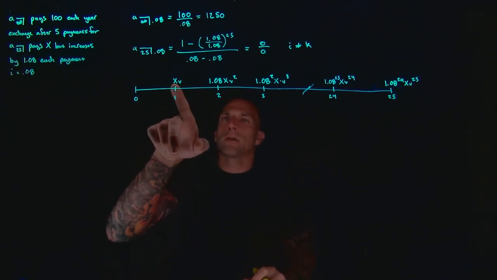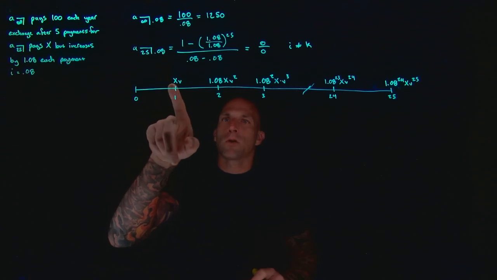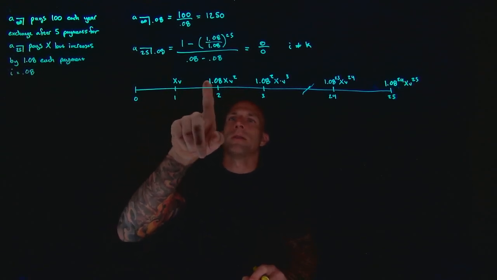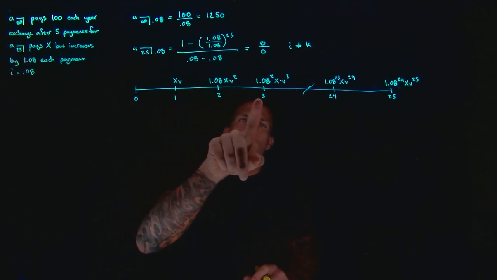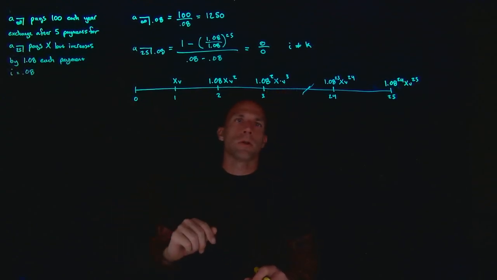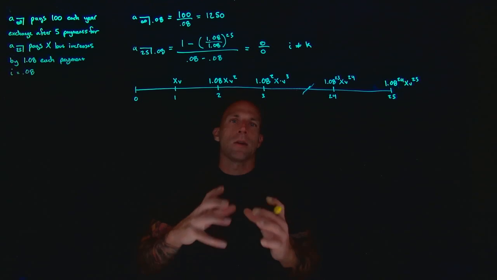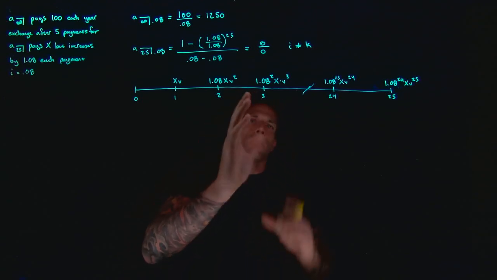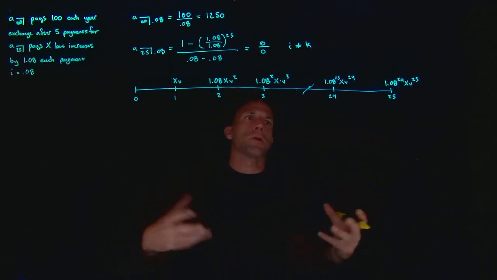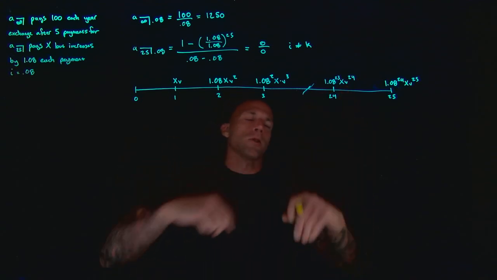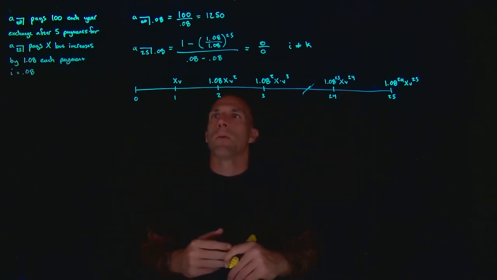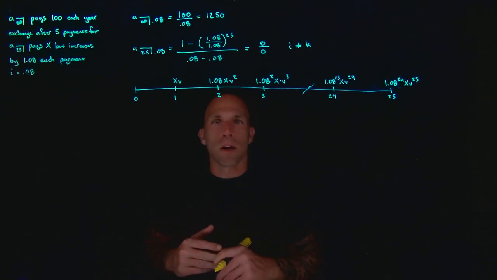We have X. The first payment is X. The second payment is the first time we introduce the 8% growth factor. The third payment uses that 8% growth factor twice. So the offset is logical, even if your brain would prefer that those two exponents be the same. I get it. One of the things you just got to learn to roll with on this exam.